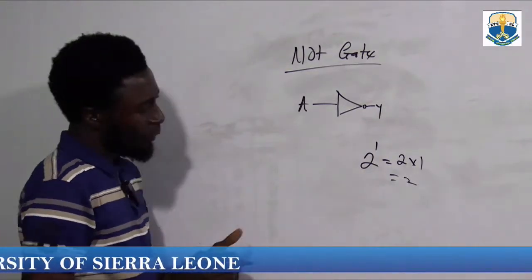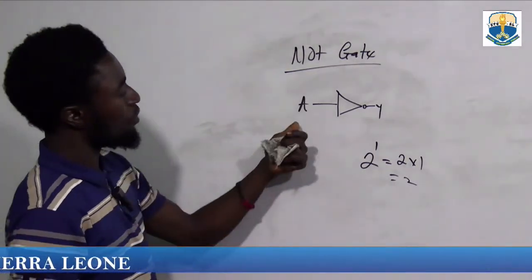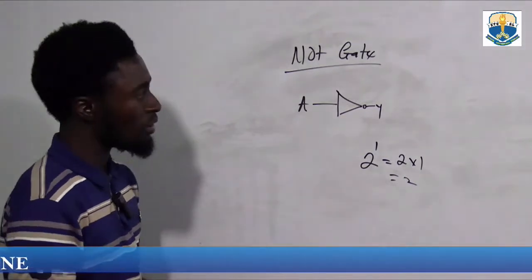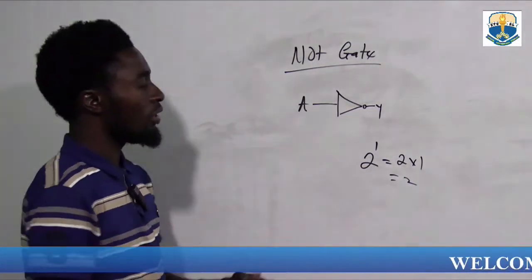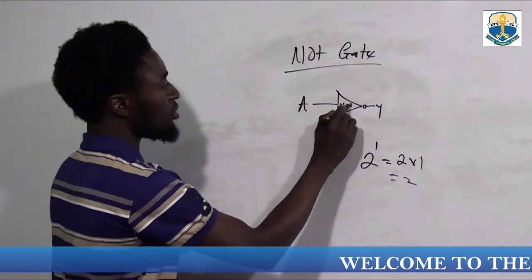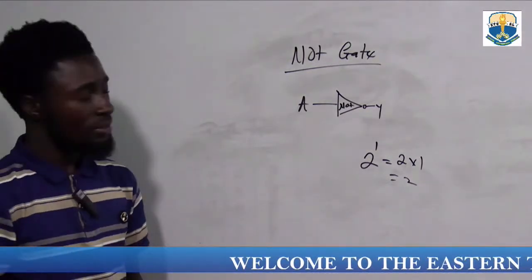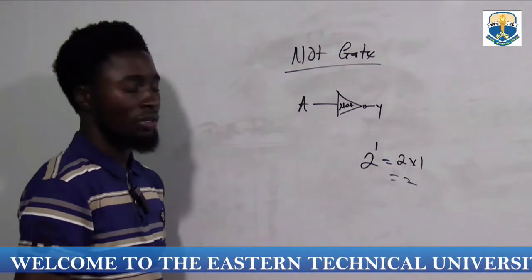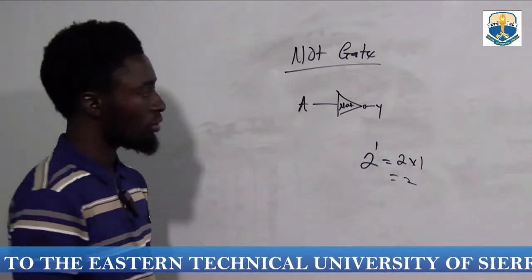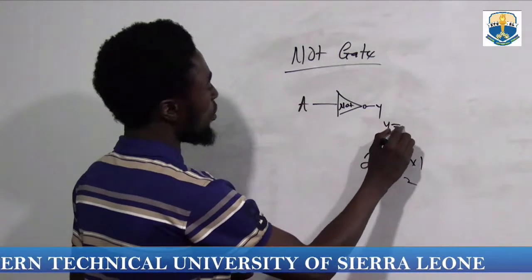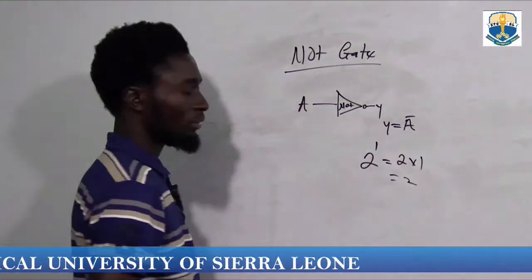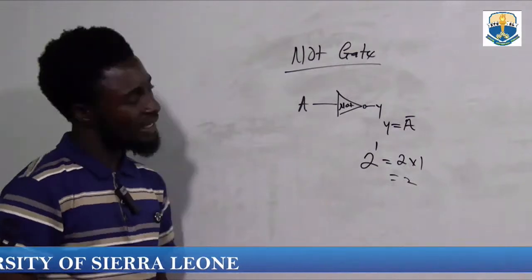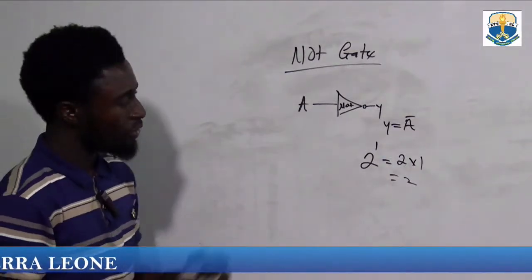But now we know that when an input passes through the NOT gate, it negates or takes the complement of that input. So Y is now equal to A bar, taking the complement of A. So that is what we have.